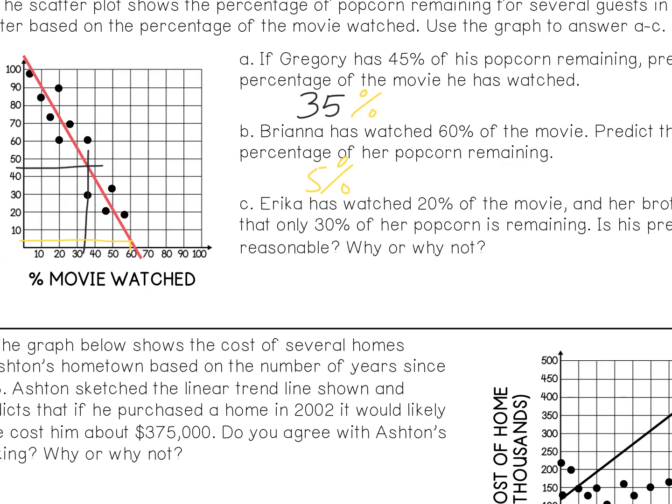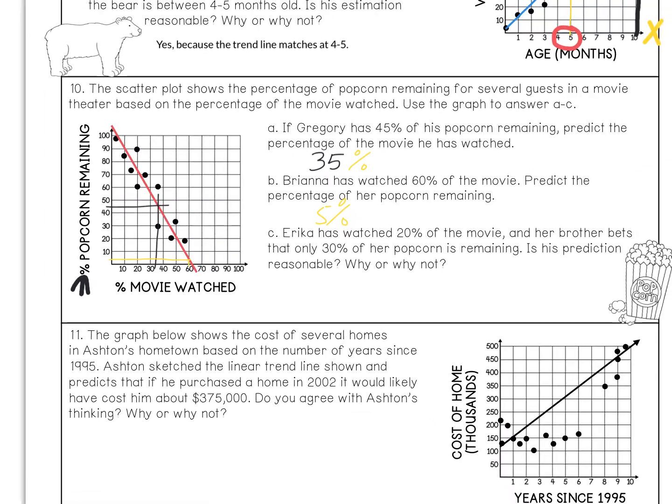Erica has watched 20% of the movie, and her brother bets that only 30% of her popcorn is remaining. Is his prediction true or untrue? No. Why? No, because at 20%, 20%'s here. How much popcorn is left?